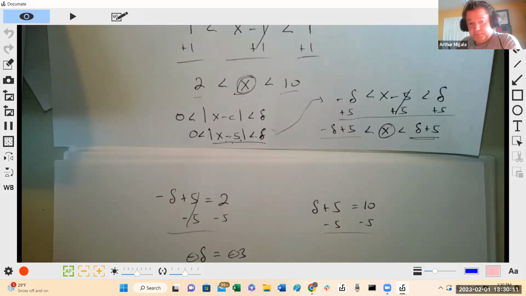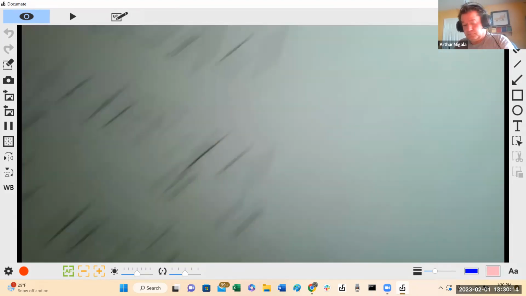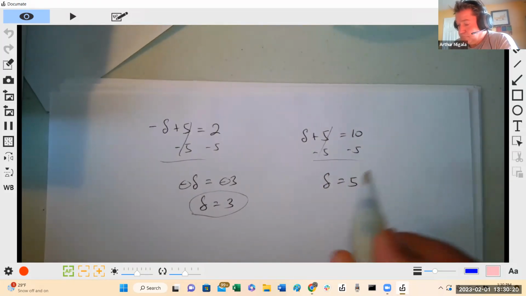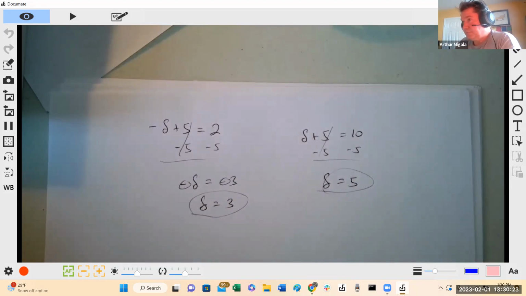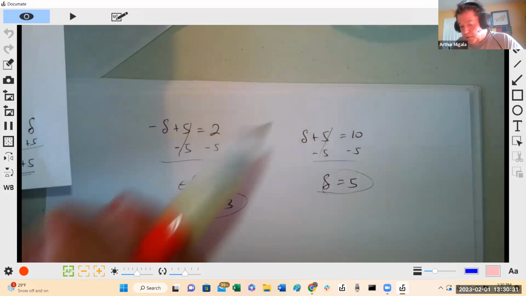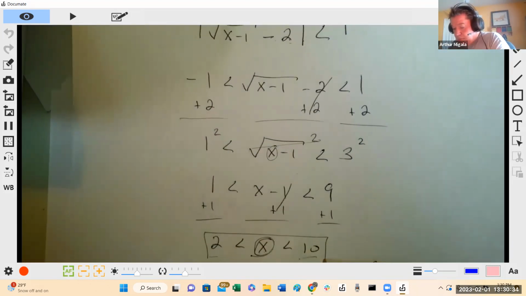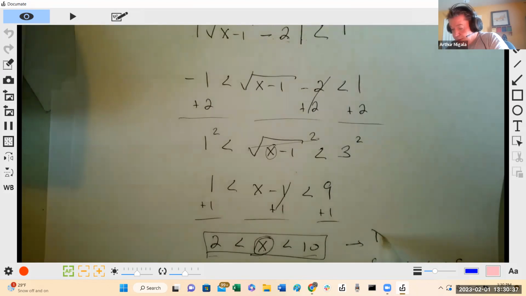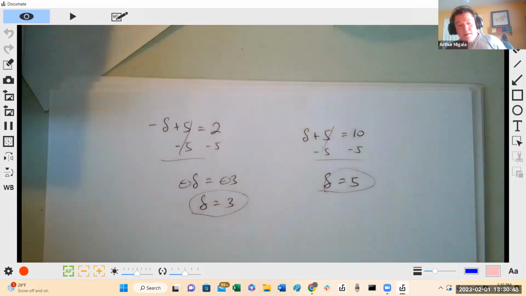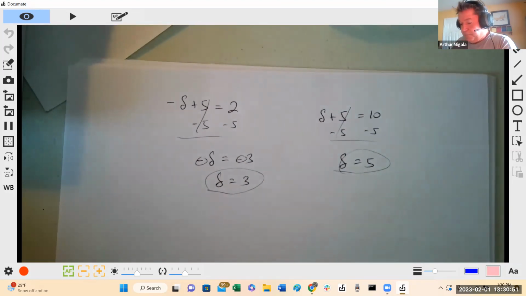We have one solution, and we have a second solution. Because remember, what we have to now look at, this tells us that our domain has to be between 2 and 10. So look what we have.